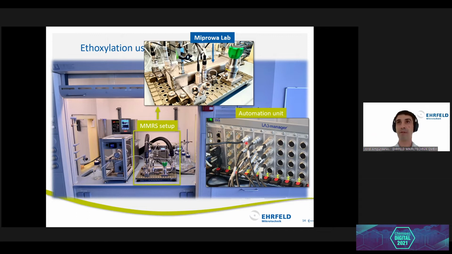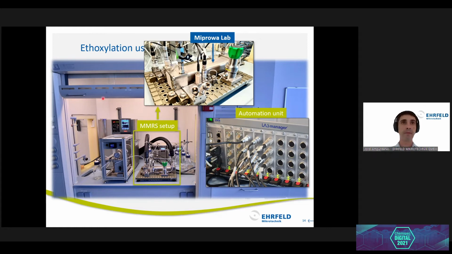So in order to have a complete automation unit, one must make use of both. As you can see here, there are several connectors on the automation unit where pumps, thermostats, all kinds of peripherals plus sensors can be connected.